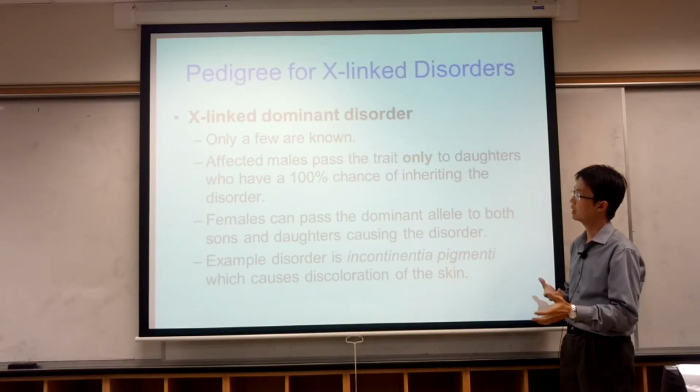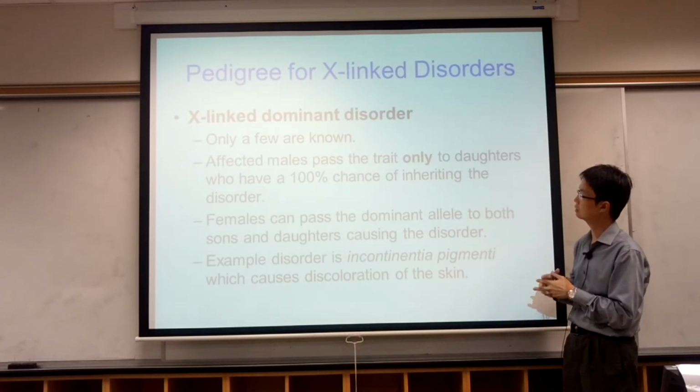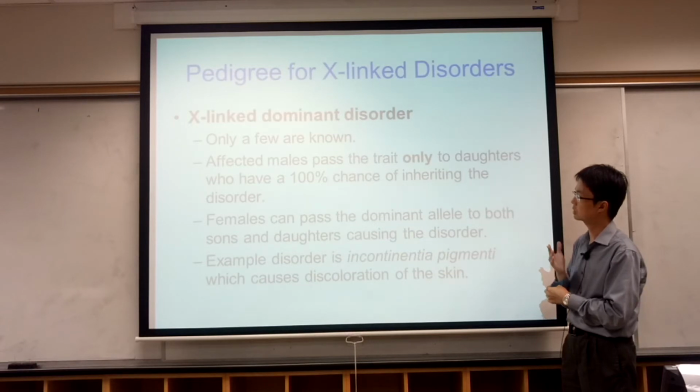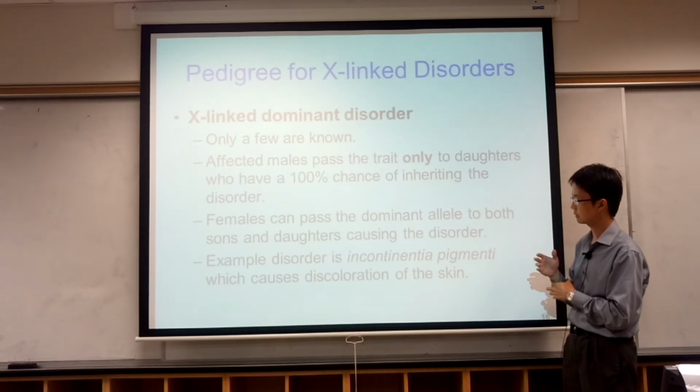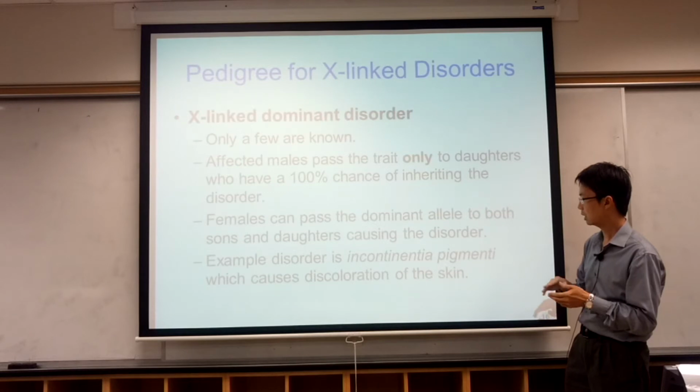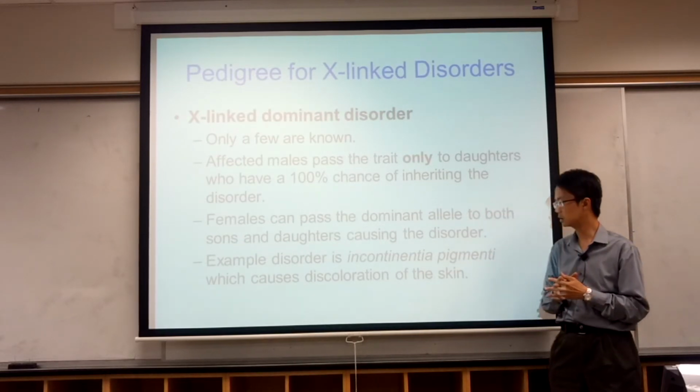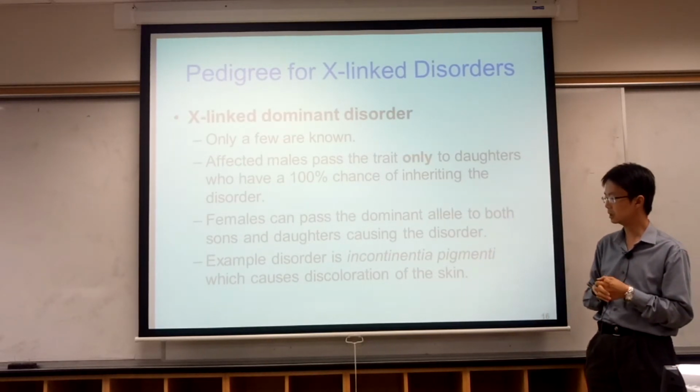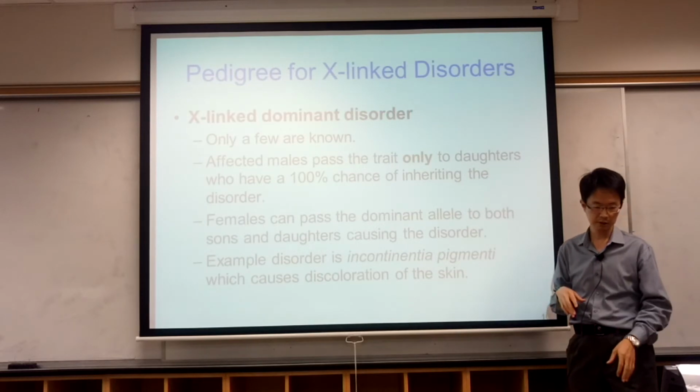If the male has this dominant disorder, only the daughter will have the 100% chance to inherit this disorder. Female can pass the dominant allele to both son and daughters. An example is incontinentia pigmenti. It's the discoloration of the skin.